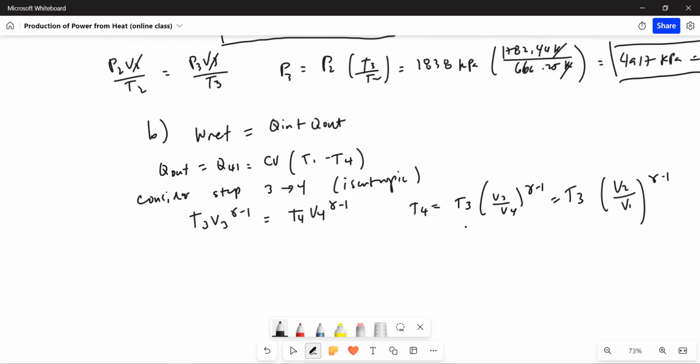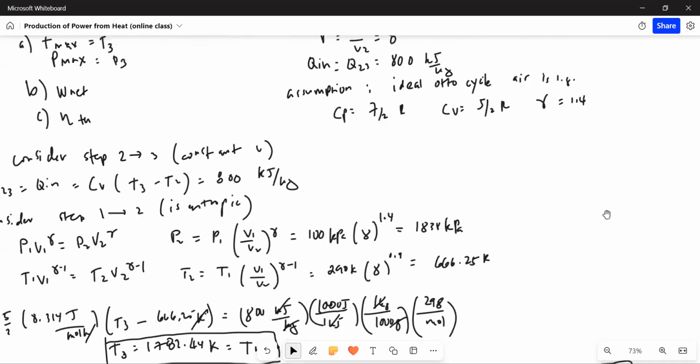So therefore, we can calculate T4, which is just substituting the known values, 1782.44 Kelvin times V2 over V1.